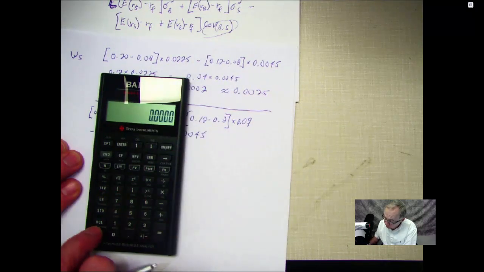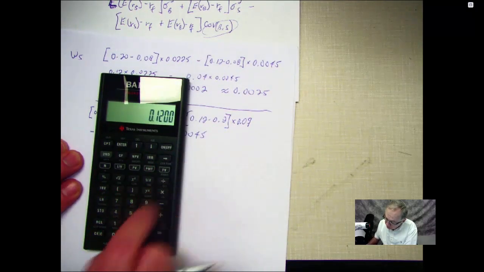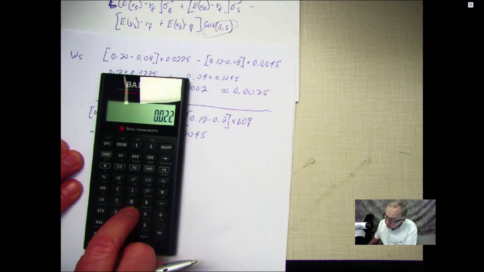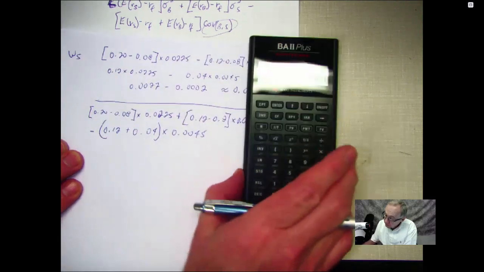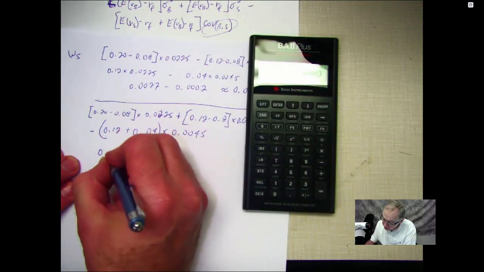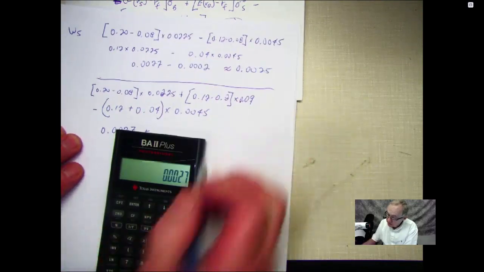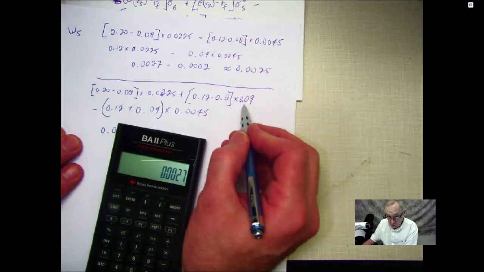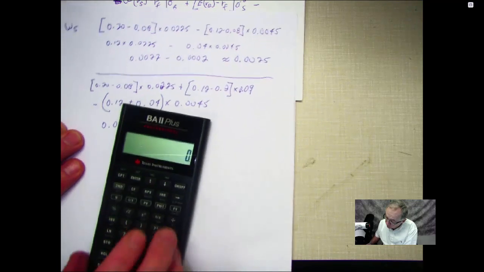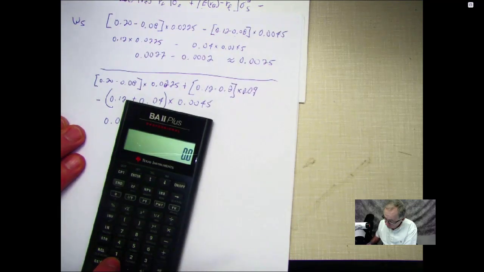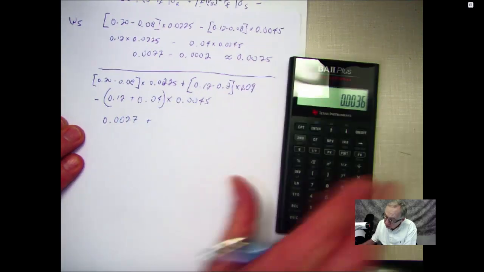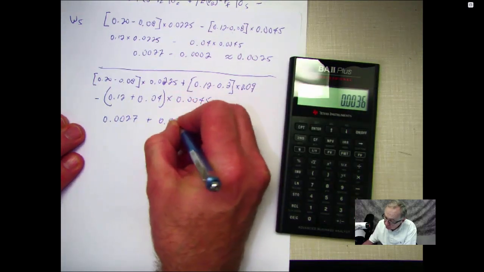Okay, so this simplifies. 0.12 times 0.0225 is 0.0027, plus 0.04 times 0.09, 0.0036.